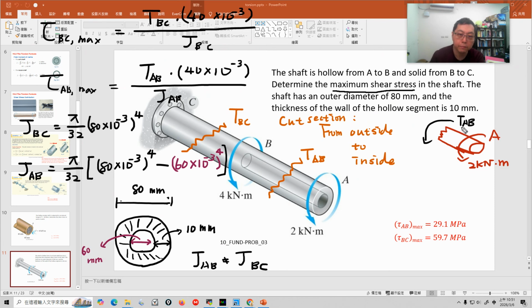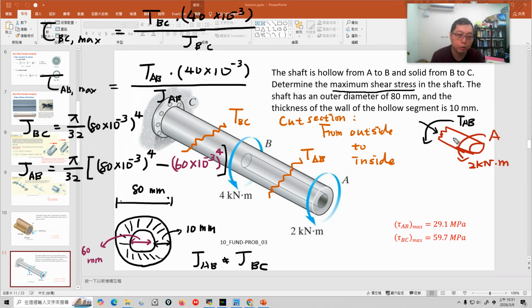For torque AB, if I want to assume it is positive, which rotation should I take? This one is not positive, because when you use the right hand rule, this rotation points into the surface, so it's negative.